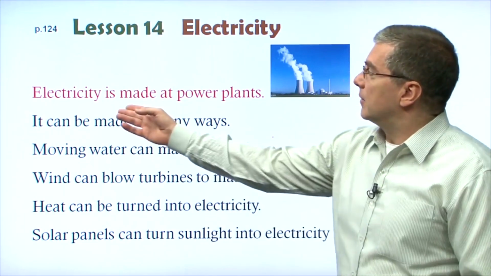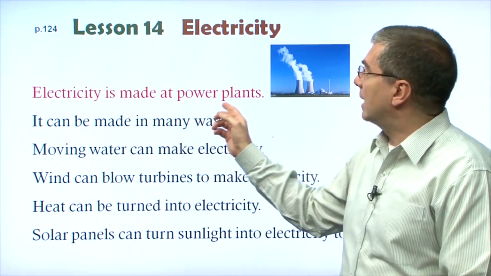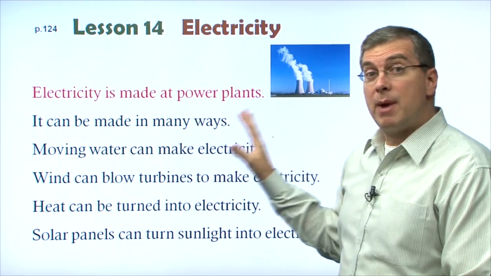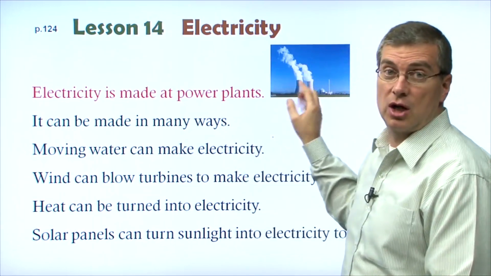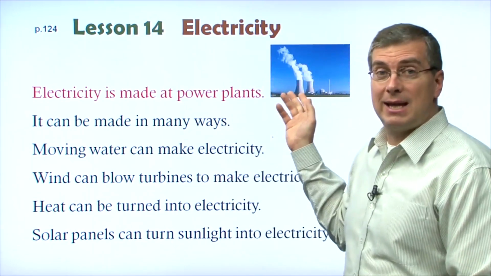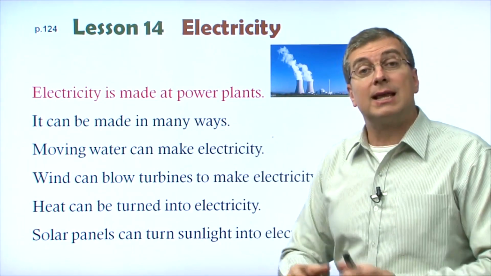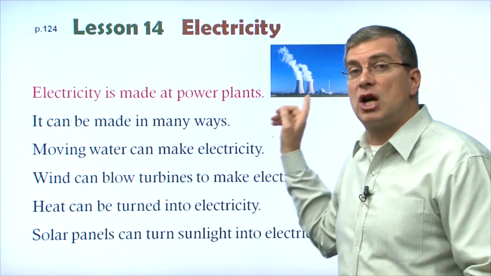Here we have the first sentence. Electricity is made at power plants. Remember, we talked about the vocabulary. This is our picture of a power plant. So electricity is made here. But of course, electricity is made in many ways, not just here.